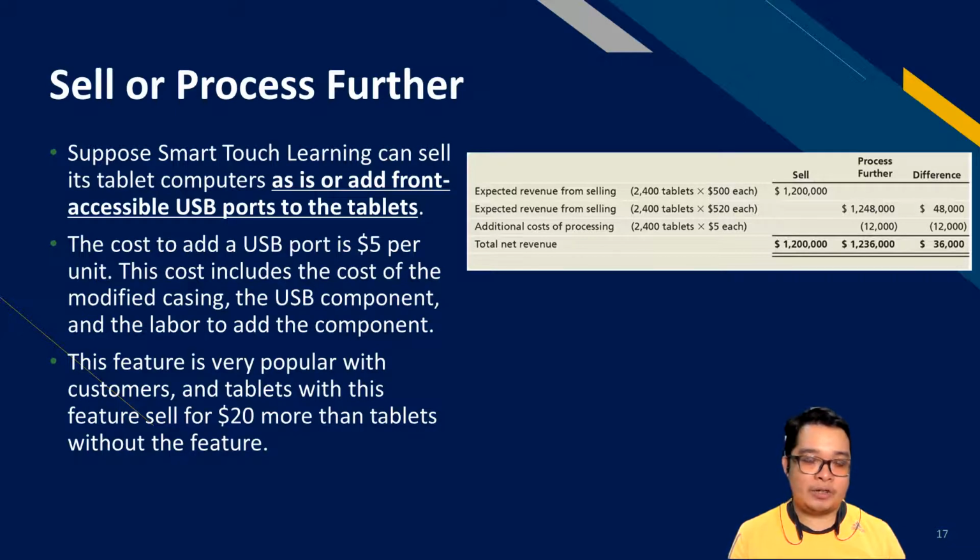Compare it against the additional cost of processing further, which is $5 each, so $5 times 2,400, or 12,000. So you know that the incremental revenue out of doing this process is higher than the cost of implementing further processing. Therefore, we know that the company will do better.